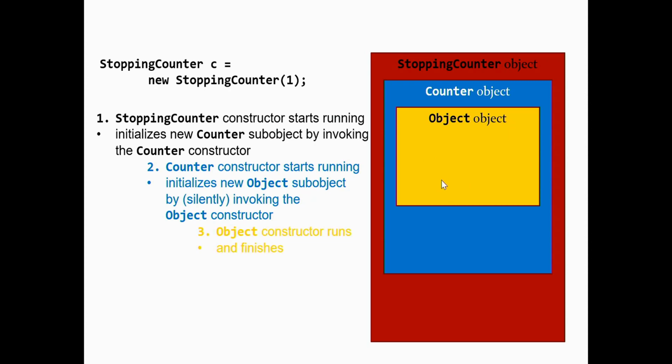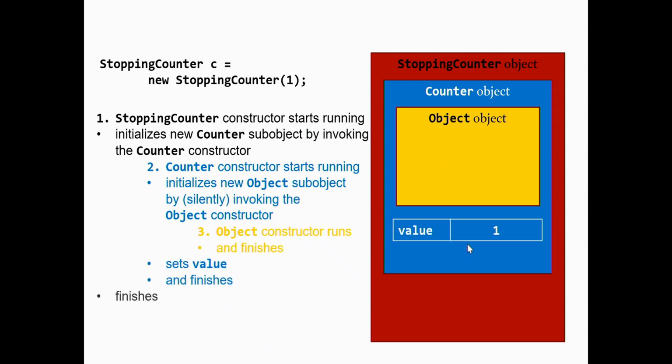So the way this works in Java is the classes that are higher up in the inheritance hierarchy get built first. So the big O object is constructed and completed first. Then the counter object finishes construction, so now the counter part of the stopping counter object is done.